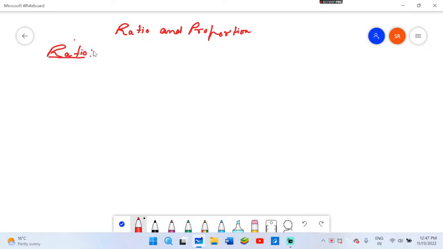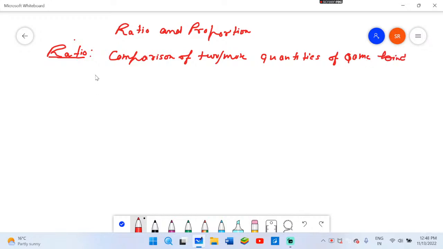Ratio means comparison of two or more quantities of same kind by division.